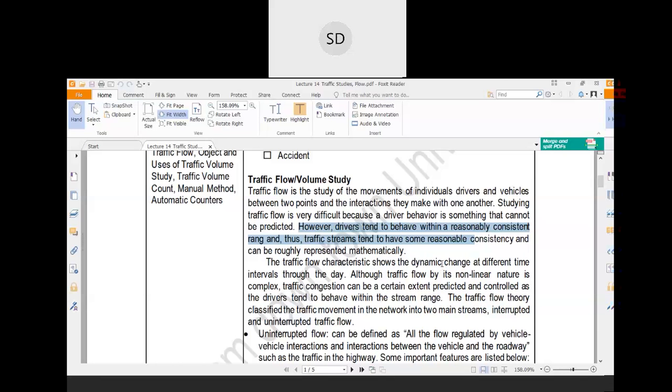So there are different traffic simulation models where you can interpret the traffic volume. Generally, a trend of the traffic can be observed if you draw it as a bar diagram where the y-axis denotes the traffic and the x-axis denotes time.